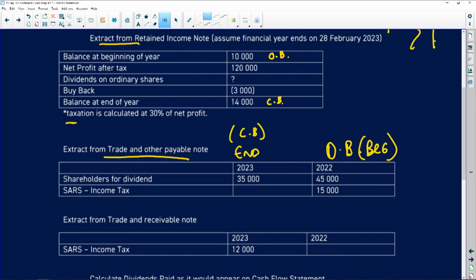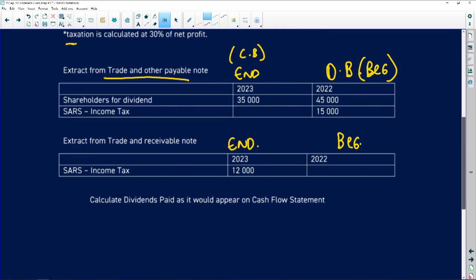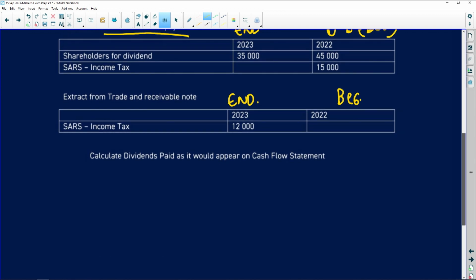That's important. Can you see what I've done here? Right, extract from trade and other receivables, so exactly the same thing, beginning of the year as well as end of the year. Okay. Right, and they want me now to use this information, calculate dividend paid as it would appear on the cash flow statement.